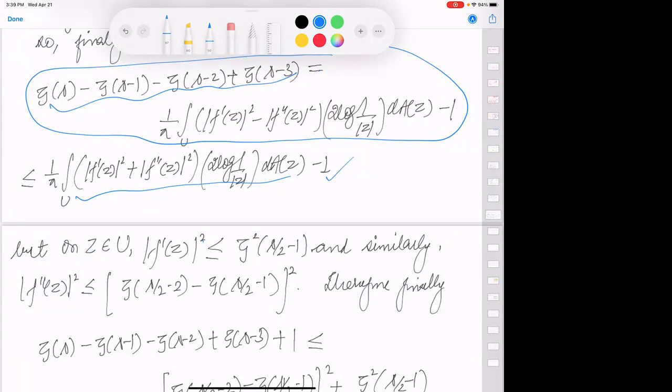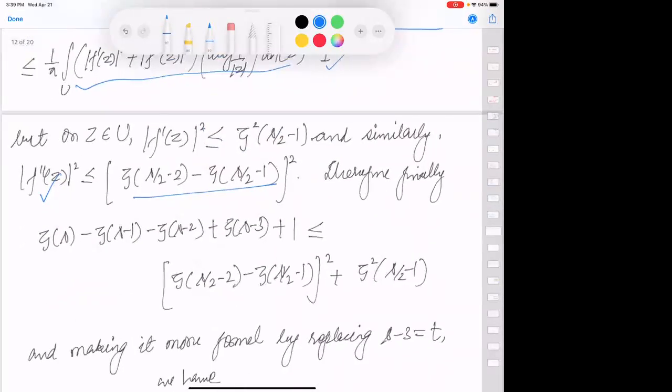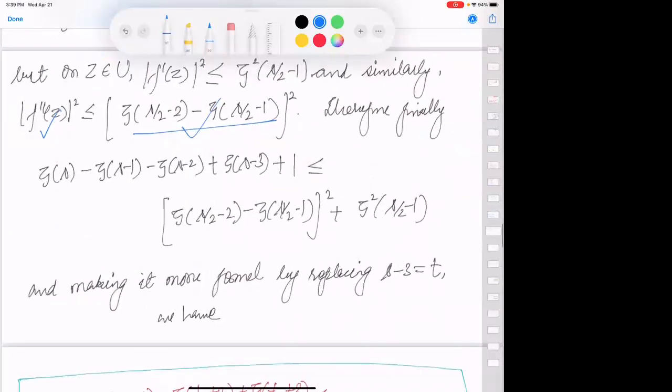Similarly, this quantity is going to be less than zeta of s over 2 minus 2 minus zeta of s over 2 minus 1, whole squared. If you plug this in wherever it's required, you will get this type of inequality in the raw form.